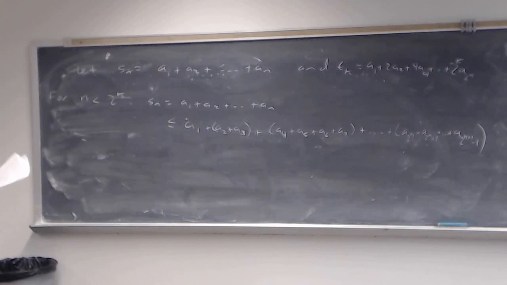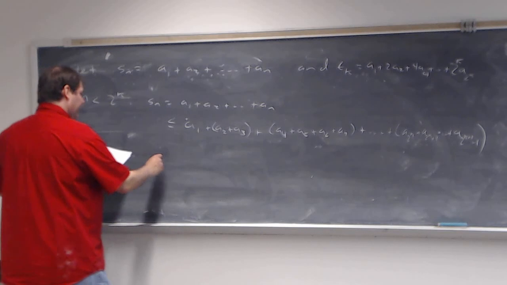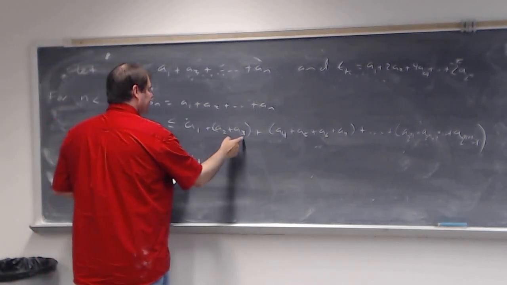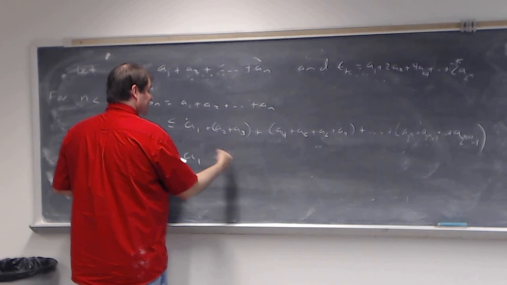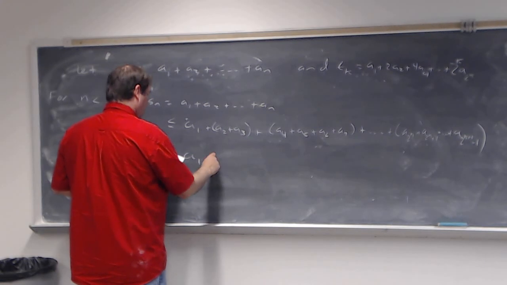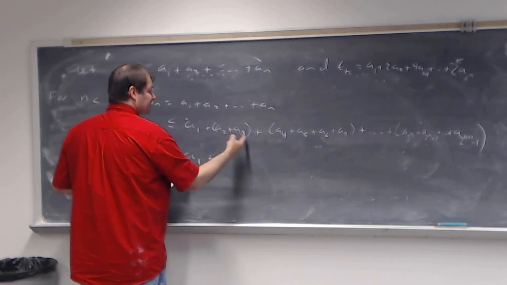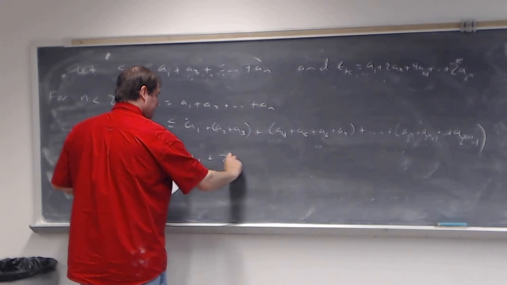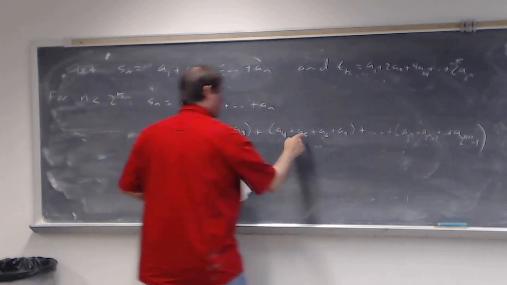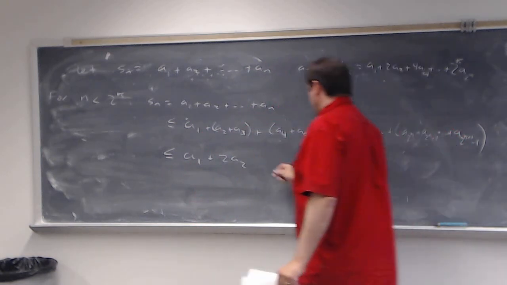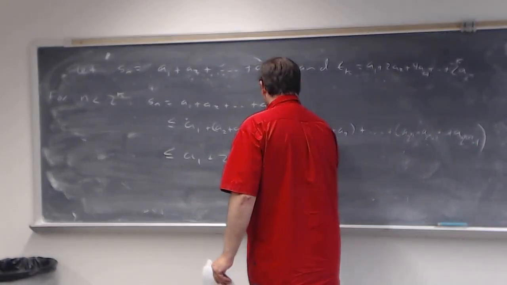So that's what I'm putting in. All right, and then that's going to be less than or equal to a sub 1. And now look, we're assuming that this was a decreasing sequence. So a sub 3 got smaller. If I replace a sub 3 by a sub 2, that's going to be greater. So this is 2 times a sub 2. And then here I replace a sub 5 by a sub 4, a sub 6 by a sub 4, a sub 7 by a sub 4. That's going to be greater. And so we have plus 4 times a sub 4.